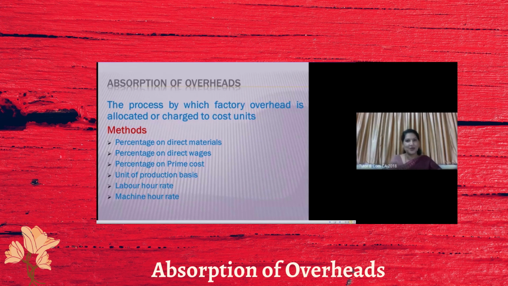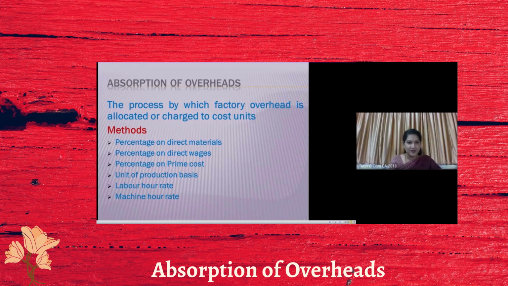Factory overhead is what we call the production overhead. You might have produced 100 units and the total overhead cost might be 1,000. You need to know what factory overhead cost is to be charged to each unit of production. That's what we call absorption of overhead.